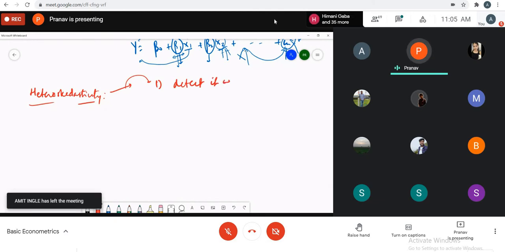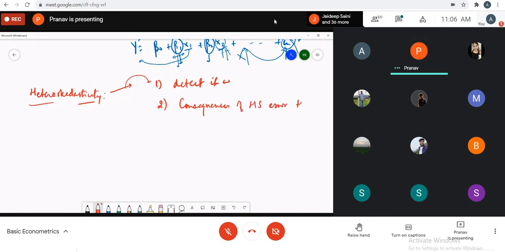That is, how do we actually detect the presence of heteroskedastic error terms? Once we have detected it, we must answer what the consequences of heteroskedasticity are. And once we have discussed the consequences, the next thing we are concerned with is the remedial measures.